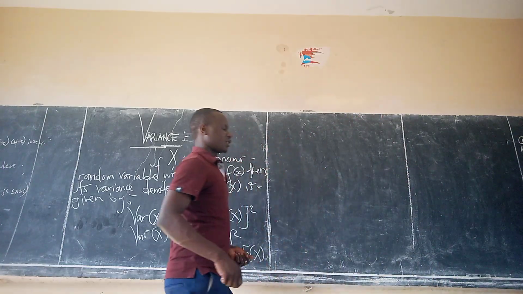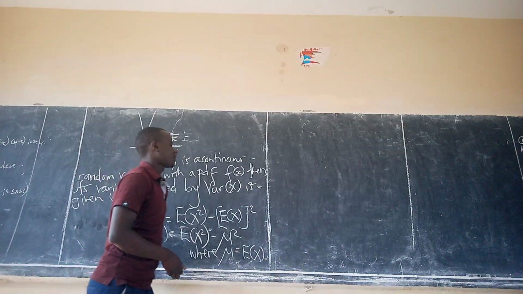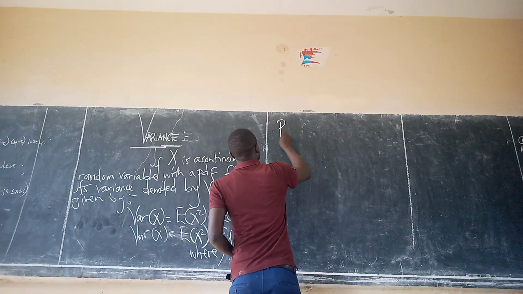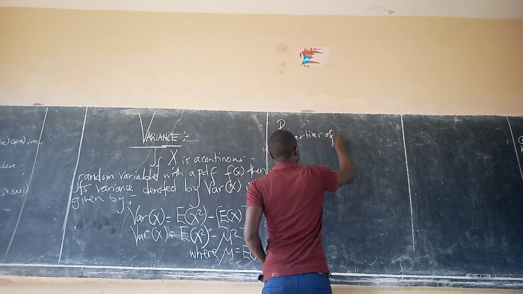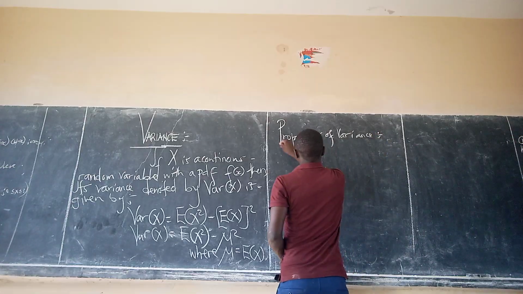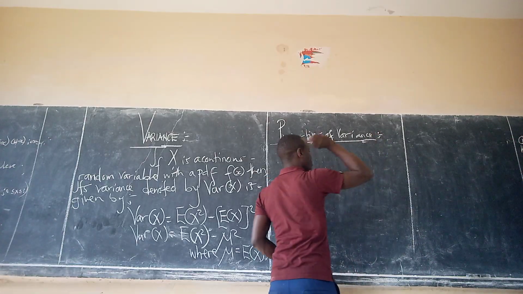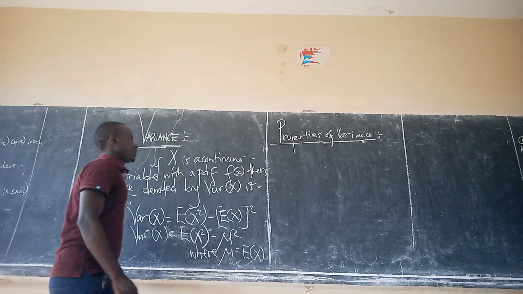Just like the expectation, variance also has some properties. Properties of variance of a continuous random variable capital X, because we are discussing the variance of a continuous random variable.